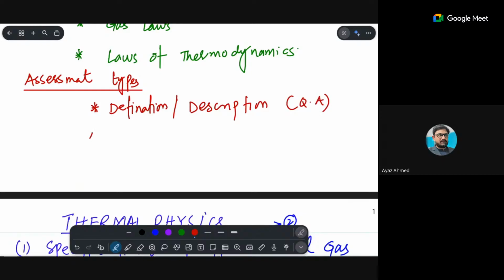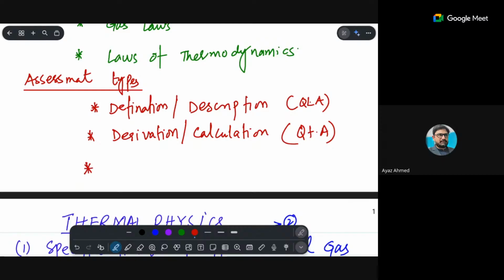Then some derivations of equations. Then calculations based on different areas, which is your quantitative analysis. Graph questions are there, but not too many. So this is the entire domain of questions that will be asked to you from this area.